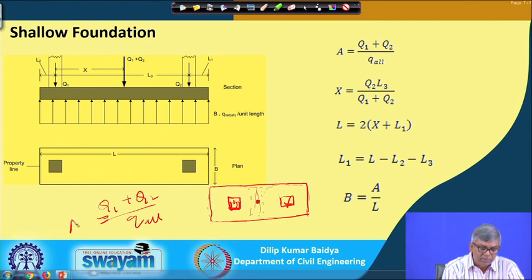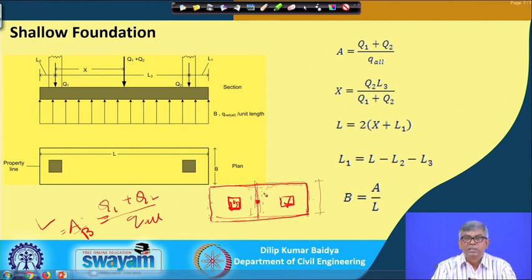That gives you the area required, and then I can assume a particular width B, and from area divided by width I can get the length. This length should obviously extend the same distance from both directions, so that because of these two loadings, the pressure below the footing will be uniform.